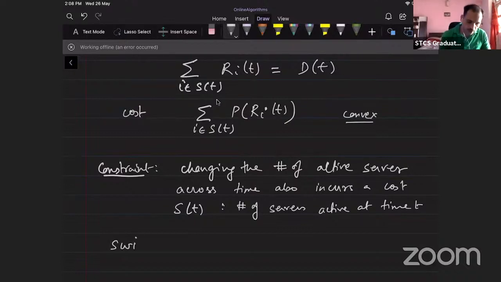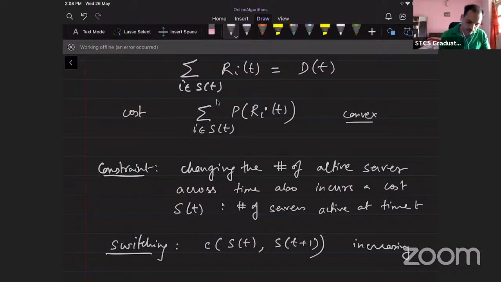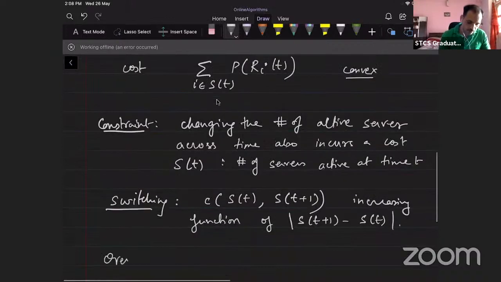So switching, depending on how many new servers you're making active or inactive, you have to pay a cost, which we're going to call C of S of t comma S of t plus 1. And this again is an increasing function of the difference. So overall cost has two terms.